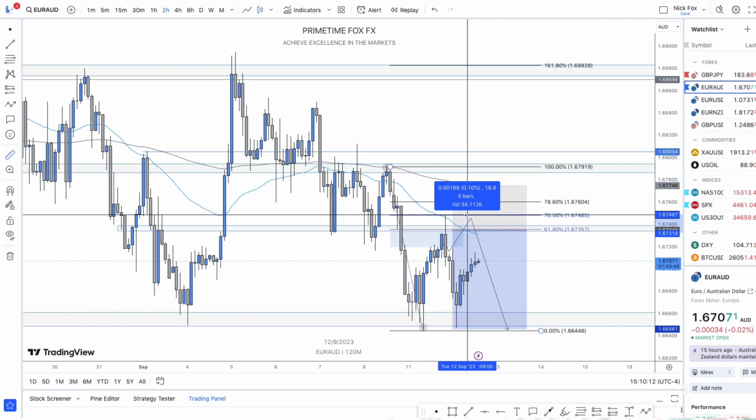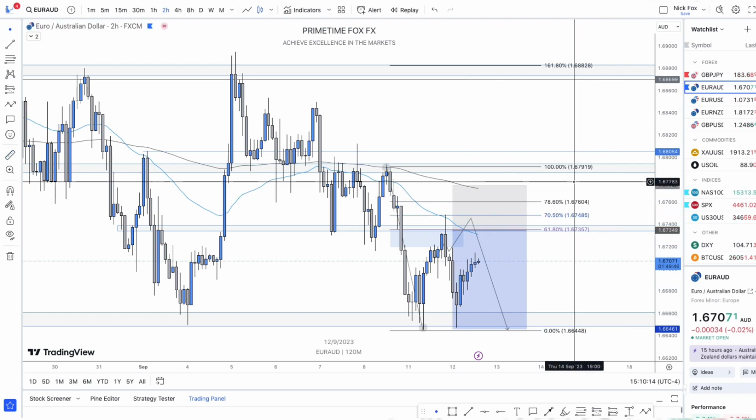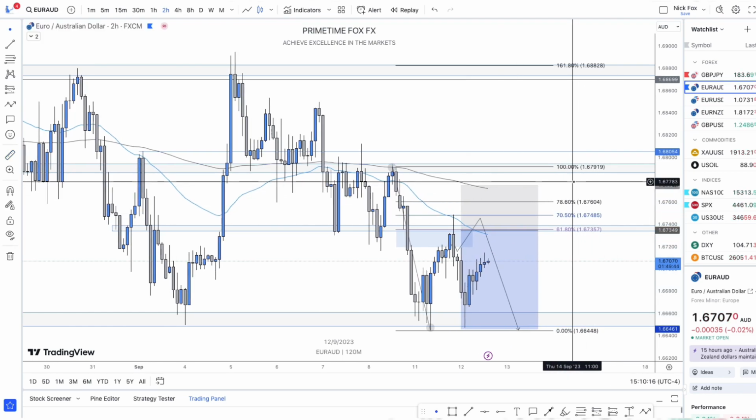And if we know anything about wicks, if we use it as just a general confirmation combined with everything else, whichever way the wick is pointing is going to show weakness in the direction that it's pointing. So what do I mean by that is, if the wick is pointing upwards, that's showing a lot of weakness in buyers.